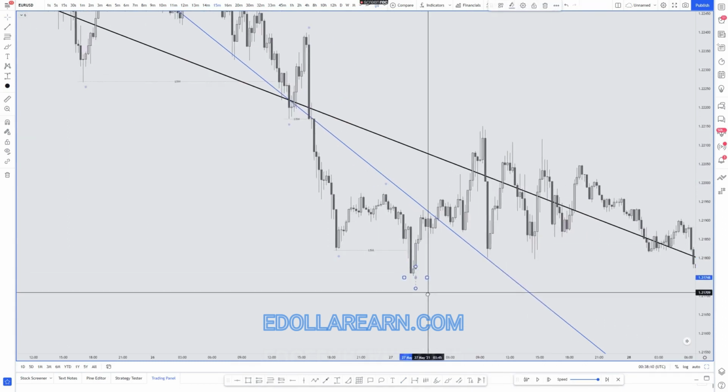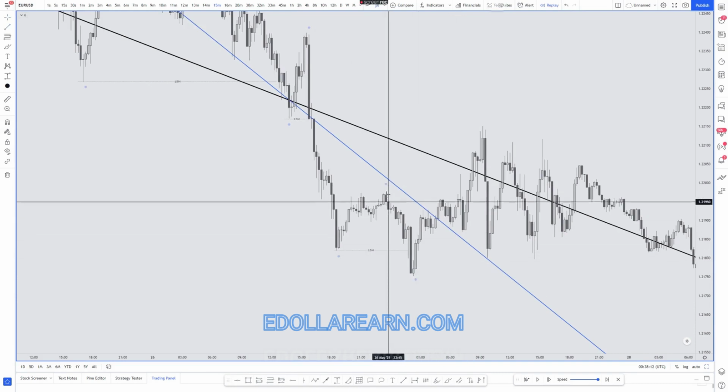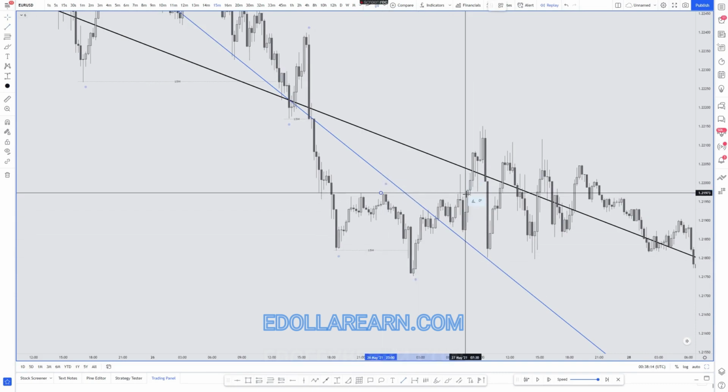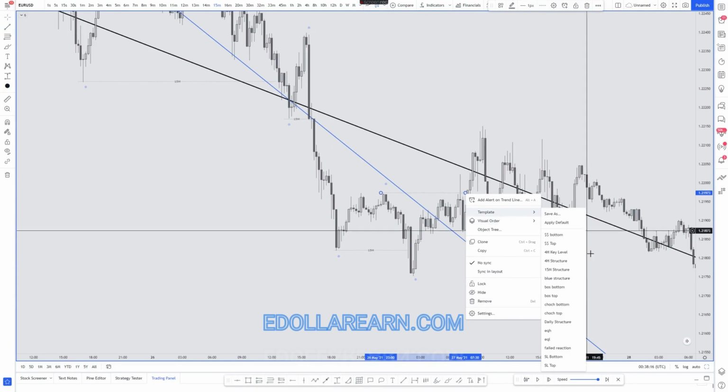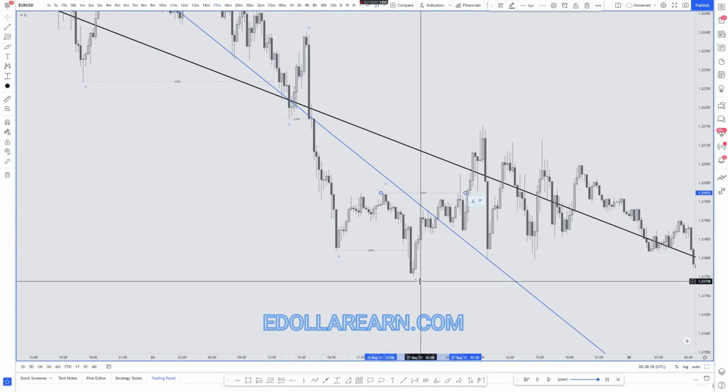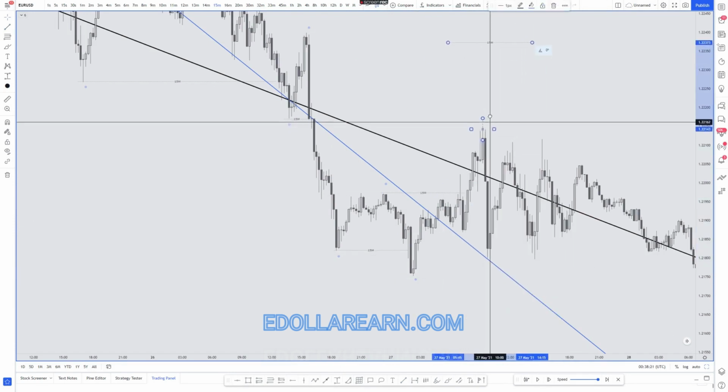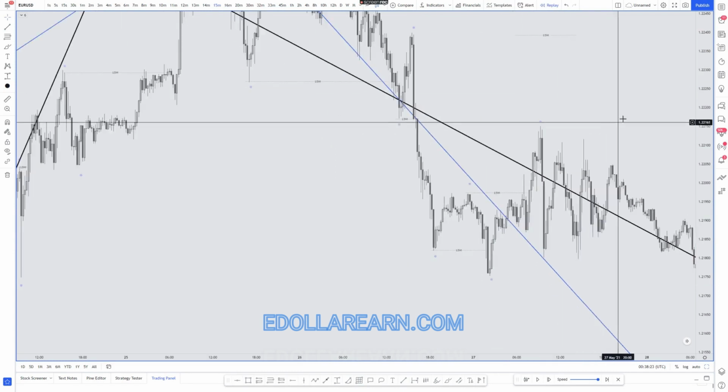Once again, we make a new low, and here we turn bullish. And once you grasp this concept, the rest of it will come together quite a bit easier.